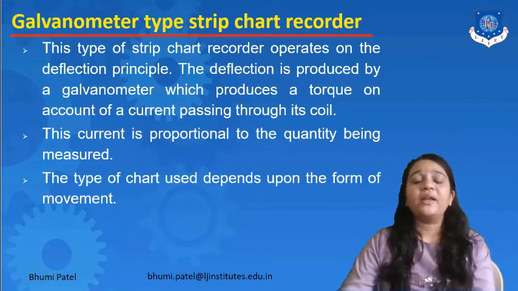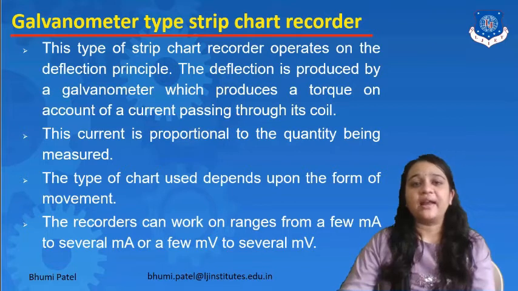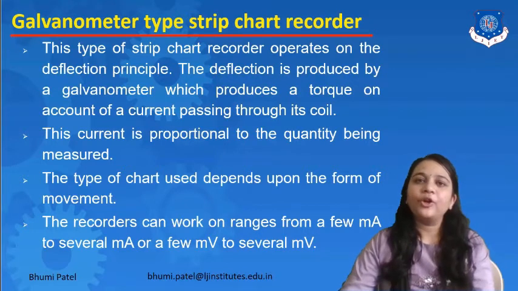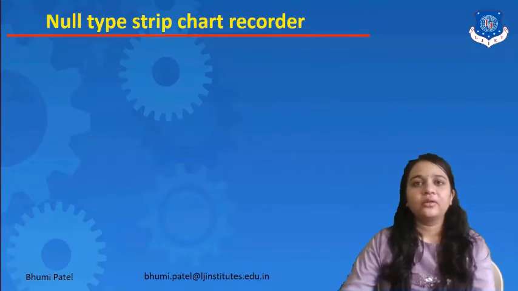These recorders can work in the range of a few milliamperes to several milliamperes or a few milliwatts to several milliwatts. So generally the galvanometer type strip chart recorder is used for the milliampere to milliwatt range.